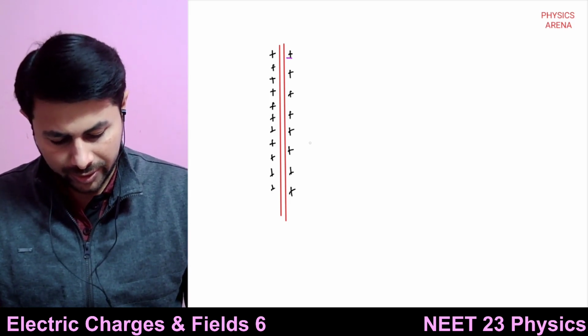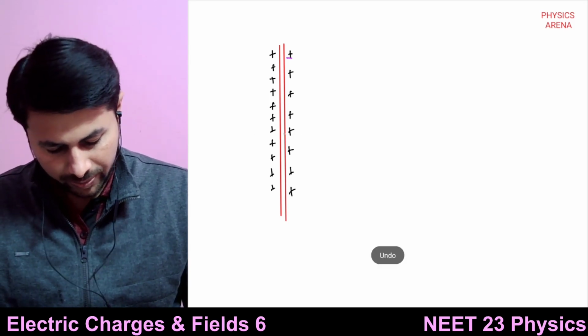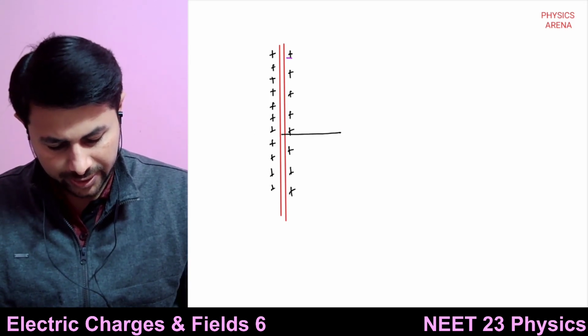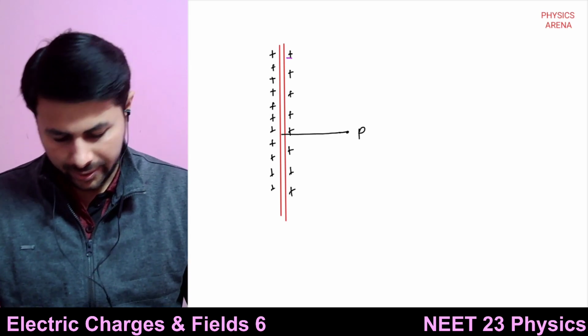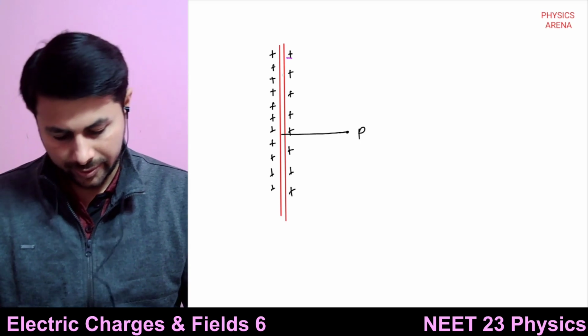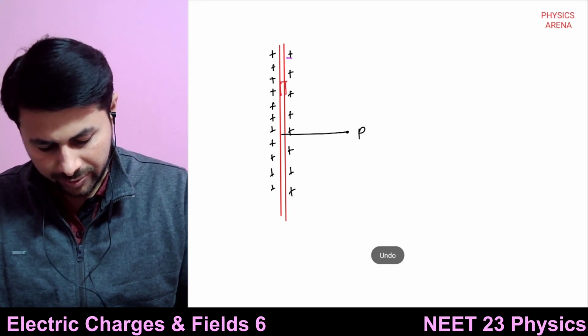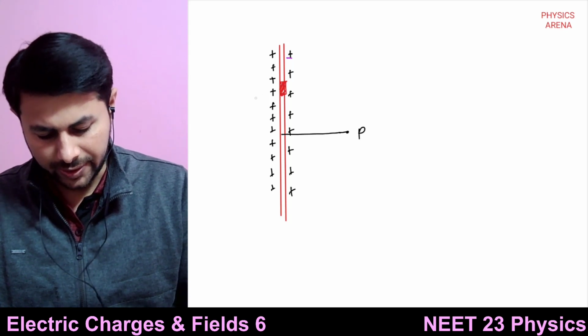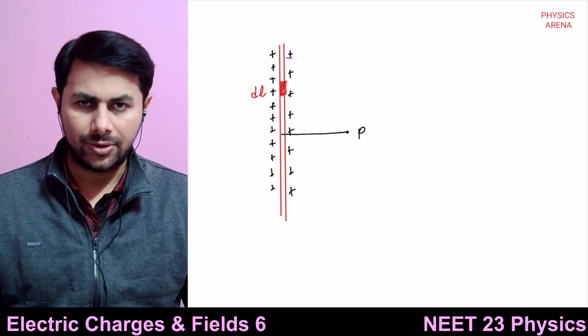Suppose we have this point P at some distance away from the wire. Now let's consider a length element, a small section of this wire. This section has length dl, so it will have some charge dq.